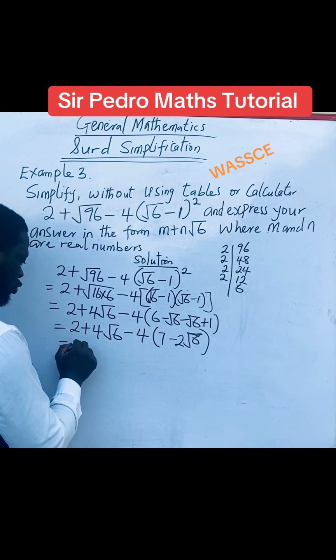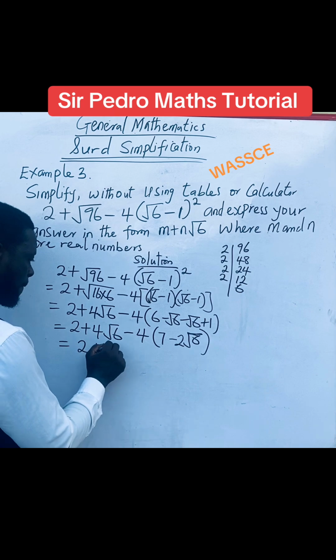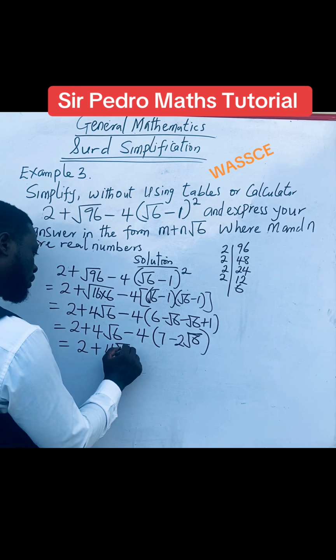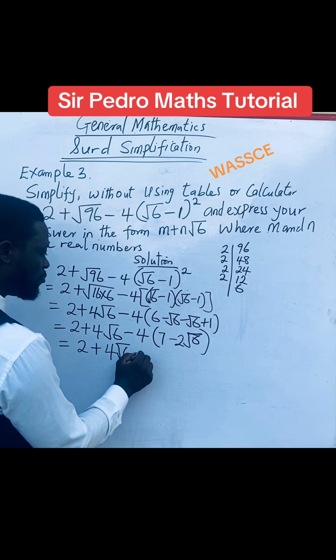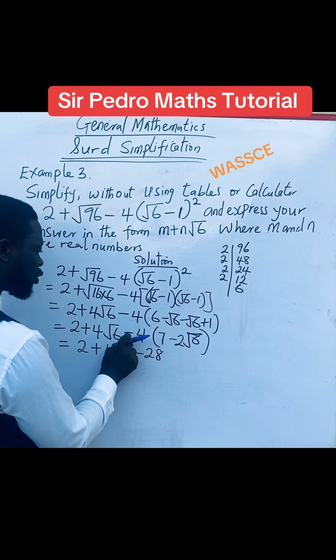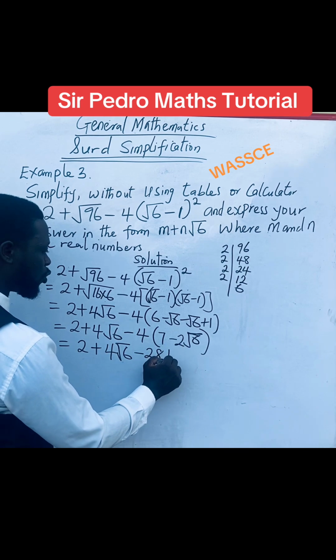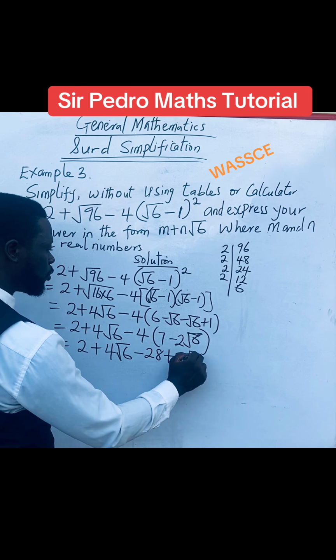So we move. So 2 plus 4√6 minus 4 times 7 will give me minus 28. Minus 4 times minus 2√6 will give me plus 8√6.